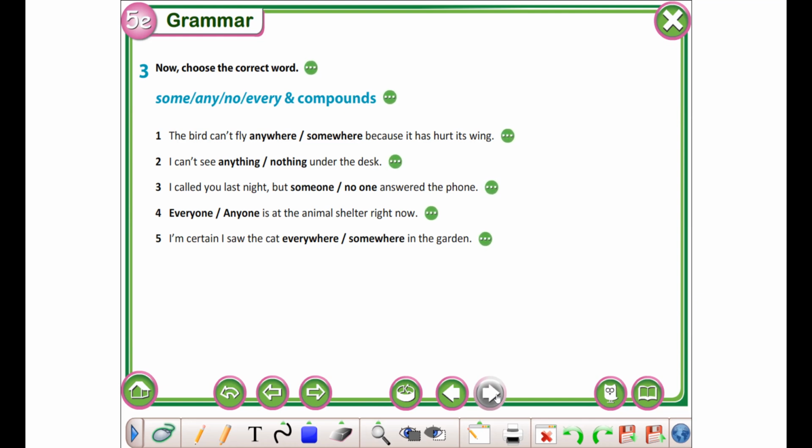I can't see anything under the desk. Добре. Митко? Okay. I called you last night, but no one answered the phone. Чудесно. Добре. Next one. Димитър? Okay. Again, yes.